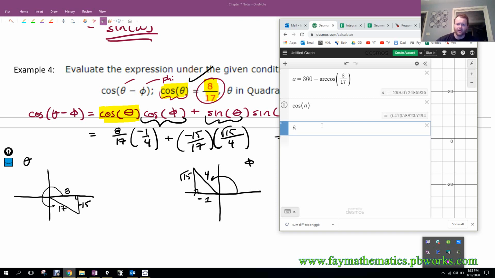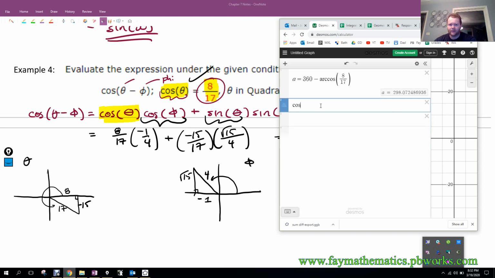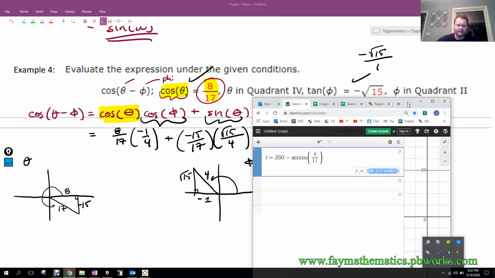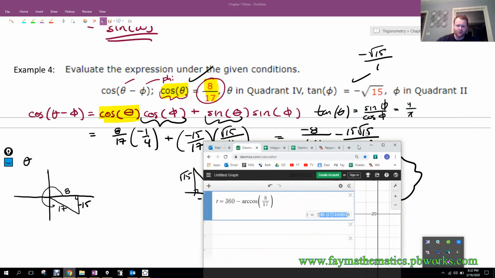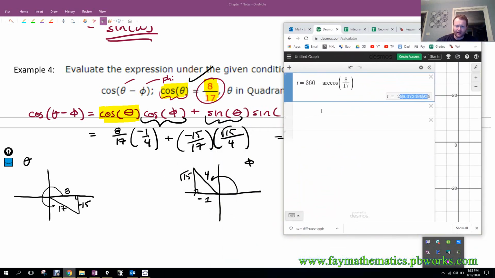Okay. So I know that when they are talking about this theta, and let's actually call it T for theta, they're actually talking about this angle right here. Okay. When they talk about phi, let's go to phi here. We're in the second quadrant. We're looking at arc tangent of negative square root of 15.